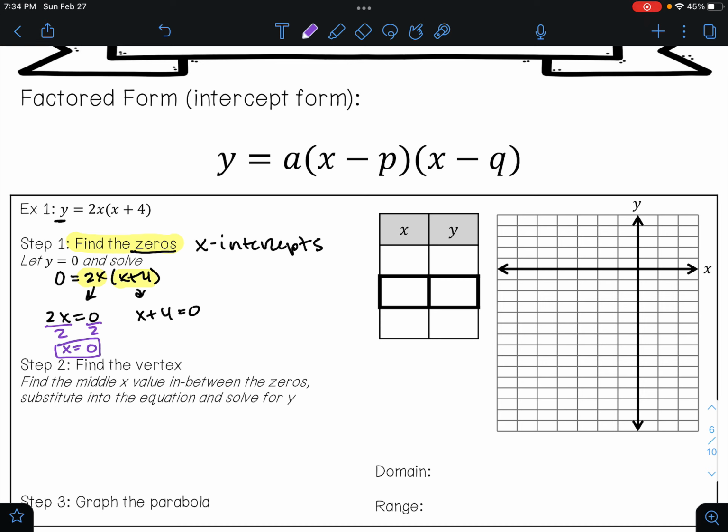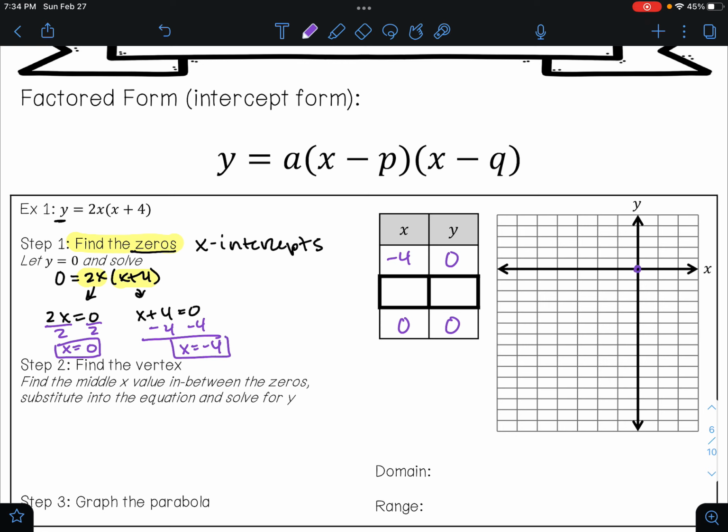To undo addition, I'll do subtraction and get x equals negative 4. So we have 2 zeros. One at 0, so that would be the point 0, 0, and one at negative 4. So that would be the point negative 4, 0.